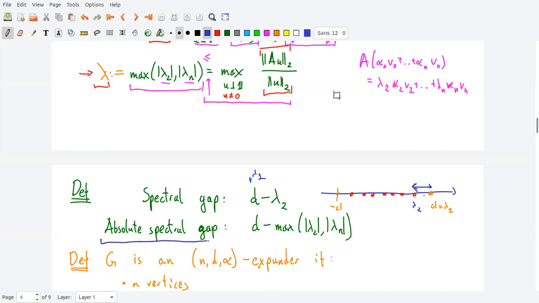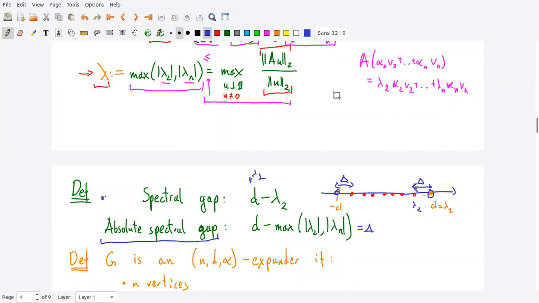The absolute spectral gap is how much space there is between the borders of this interval and the closest other eigenvalue inside. So the absolute spectral gap is d minus the maximum of lambda 2 and lambda n, which essentially says that you have absolute spectral gap equal to delta if you have delta on both sides.